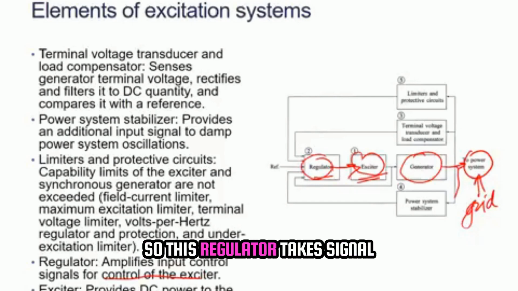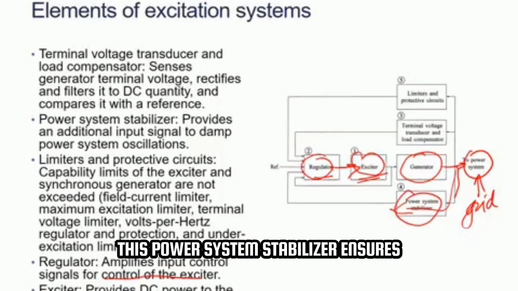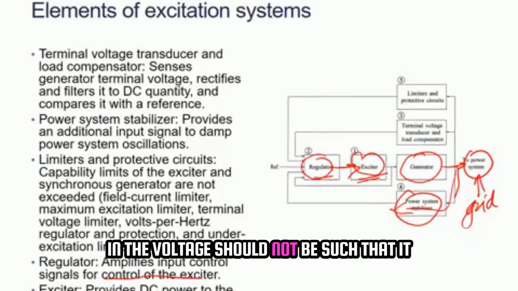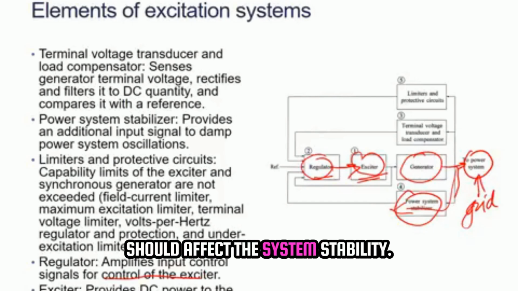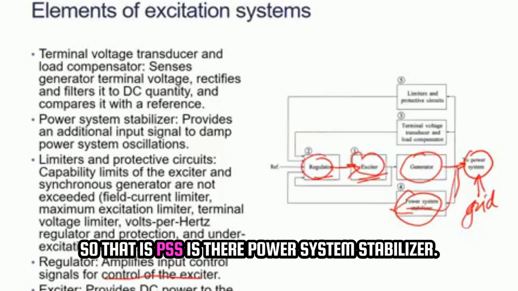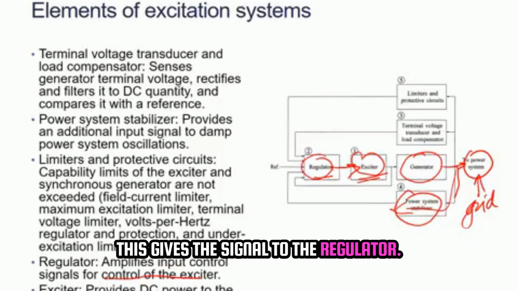This regulator takes signals from a few devices. One is the power system stabilizer. This ensures that the change in the voltage should not affect the system stability. So PSS, the power system stabilizer, gives the signal to the regulator.